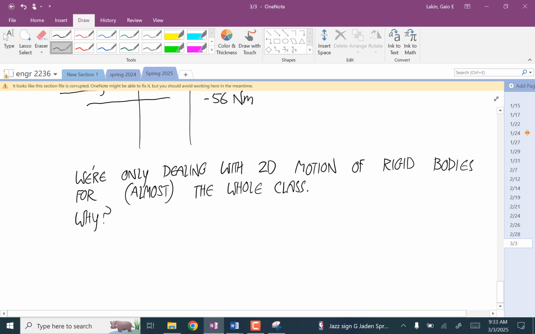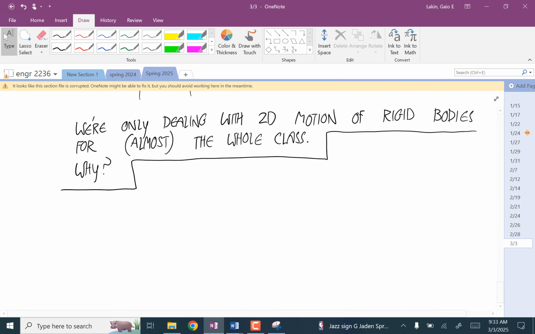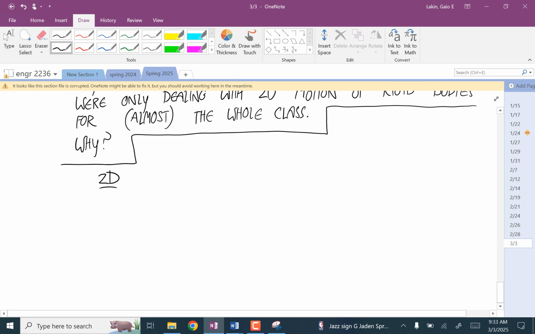So why is that? Well, in a 2D motion of a rigid body, let's think about two instants as a rigid body moves around, rotates around. Let's say at the first instant, we'll think of this as our coordinate system, and the z-axis is coming out of the page towards us.